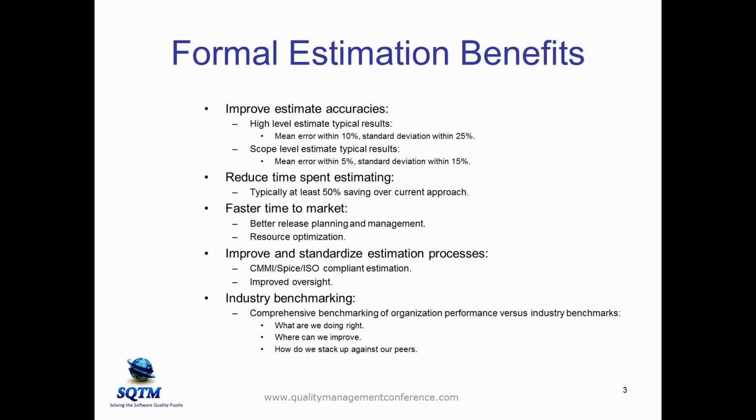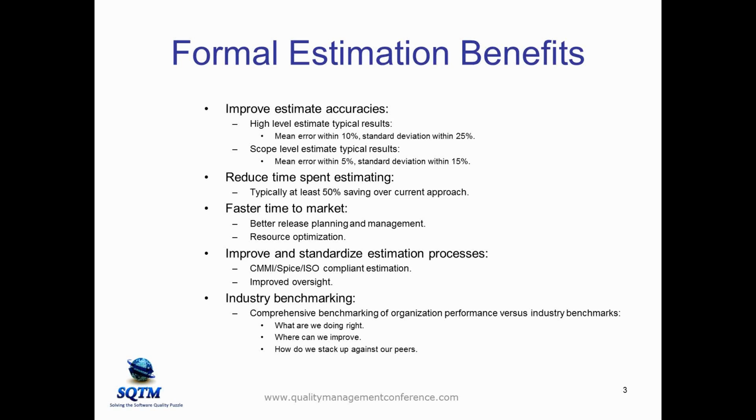The first is the mean error, defined as the average error across a statistically significant number of estimates. If we're dealing with, for example, change requests on a very large project, we would have a statistically significant number of change requests and then average the errors across that.